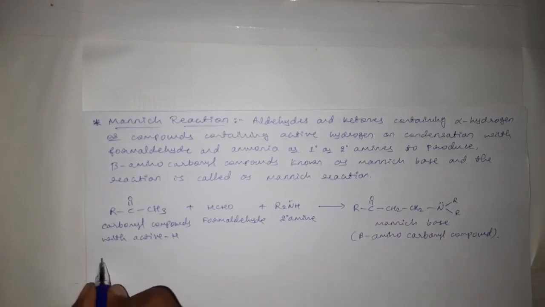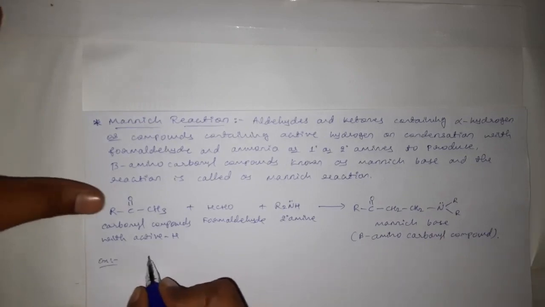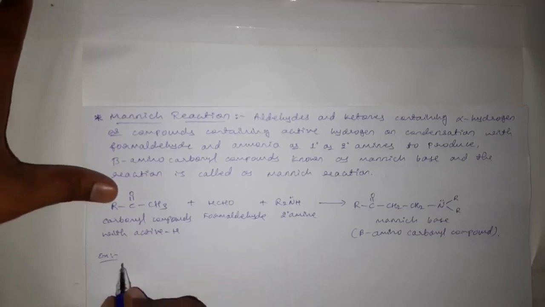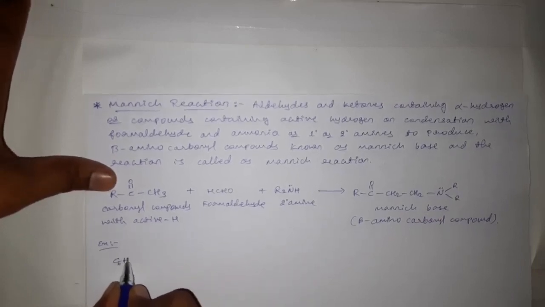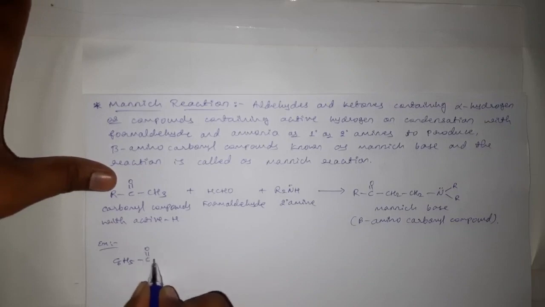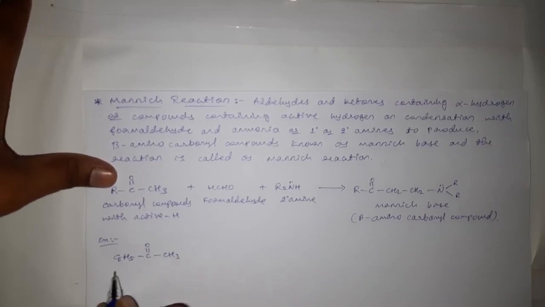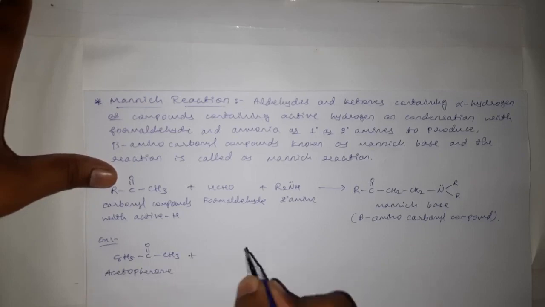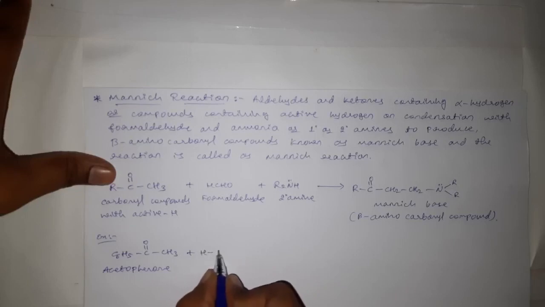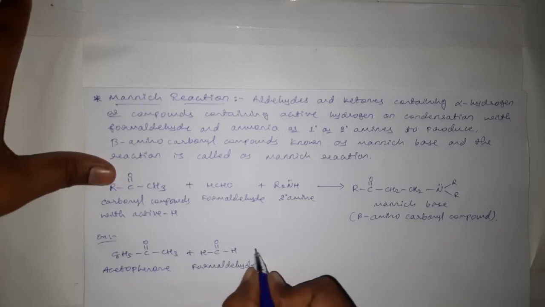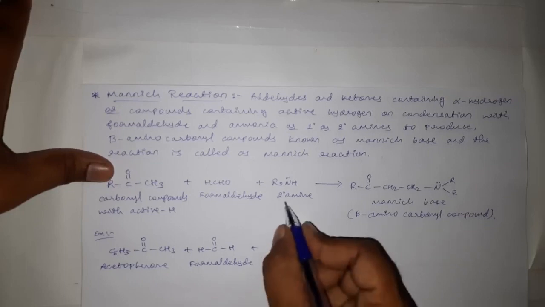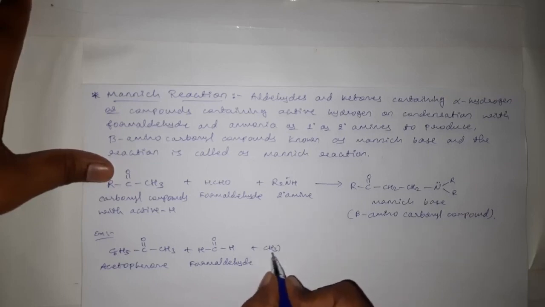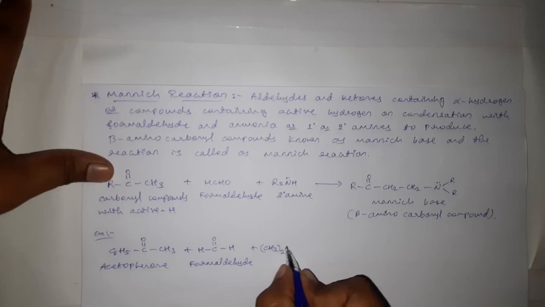We can see one example for this Mannich reaction. Here I am taking acetophenone, which has the formula C6H5 C double bond O CH3. When it is treated with formaldehyde, H C double bond O H, plus dimethylamine, here a secondary amine is there, in place of R I am taking a methyl group, NH.